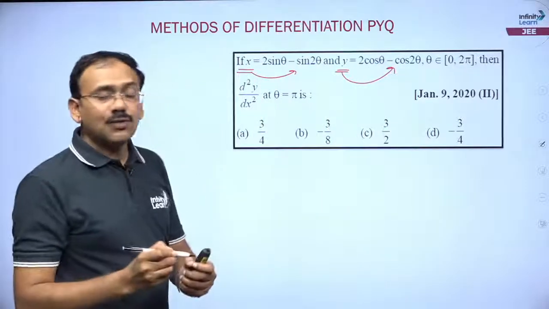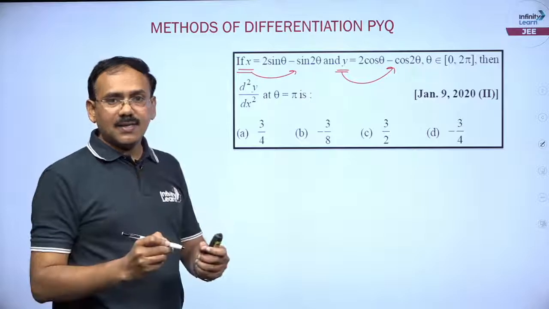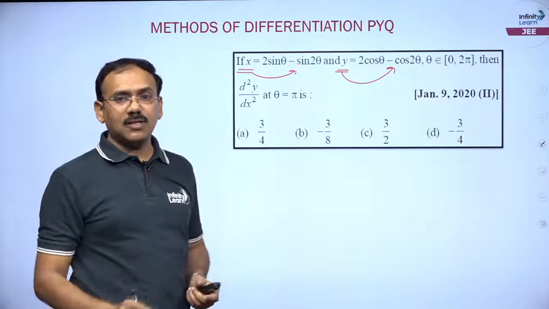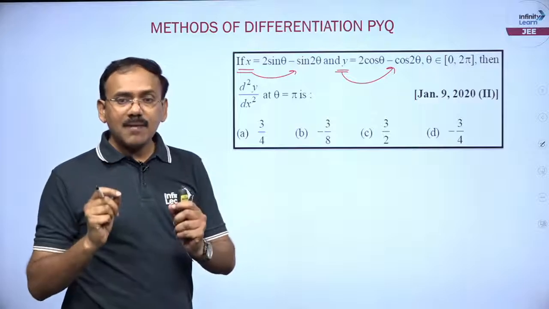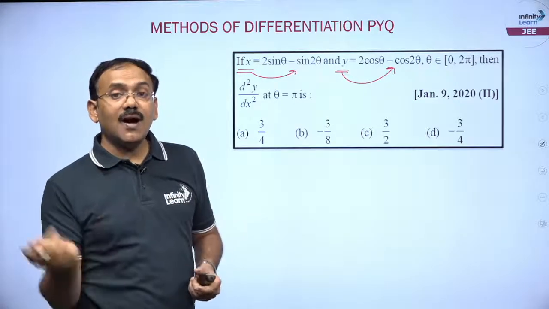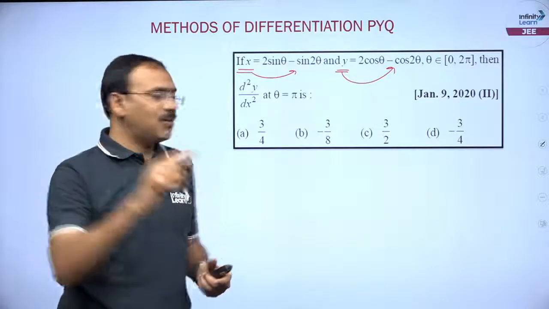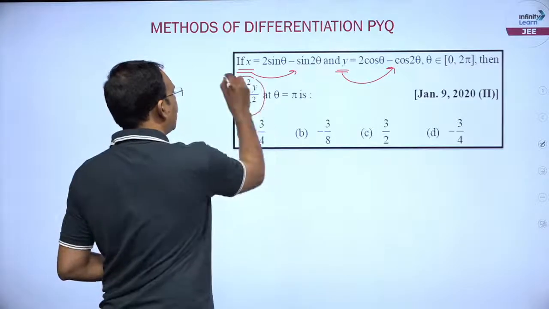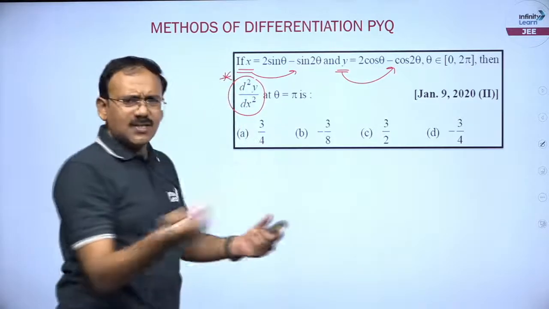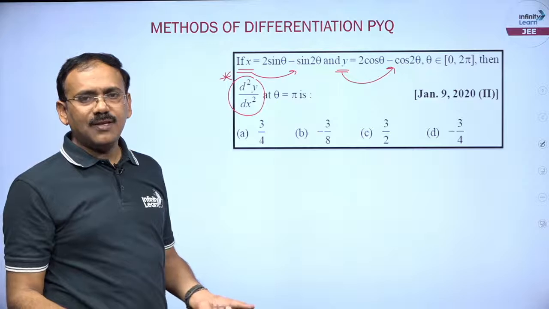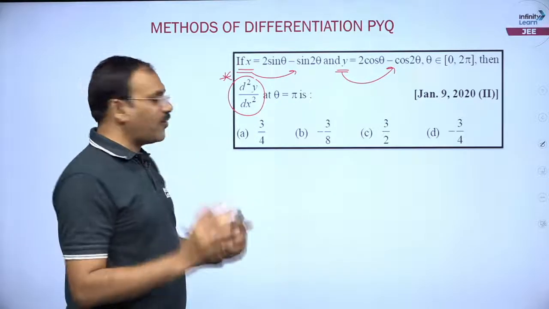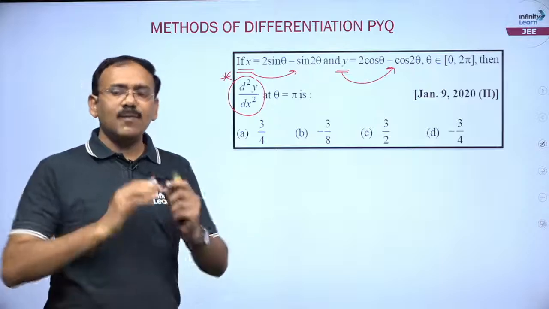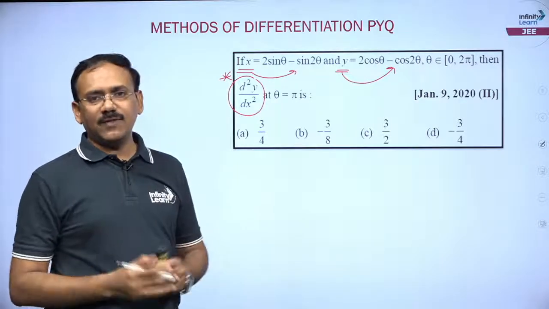If you are asked to find dy by dx, that is parametric differentiation. One important model in parametric differentiation, he will ask the second derivative, that is the speciality of this problem. First derivative is standard, you can find, he will ask the second derivative, that is very important model where most of the students will feel difficult with this problem.